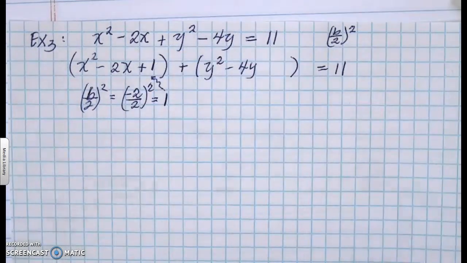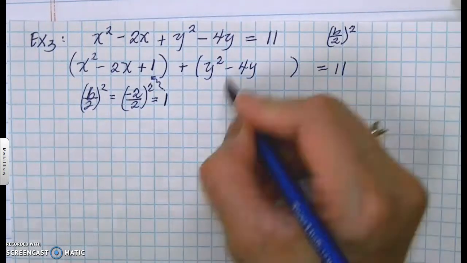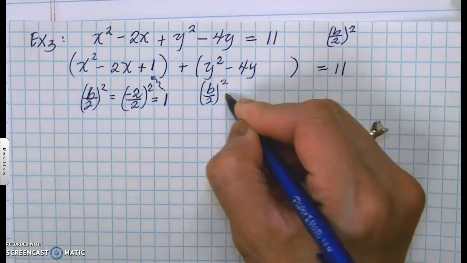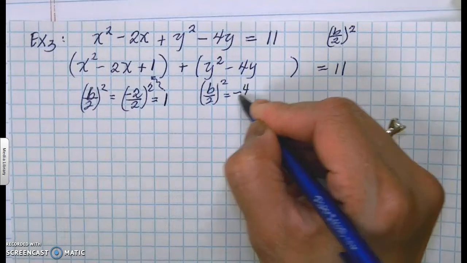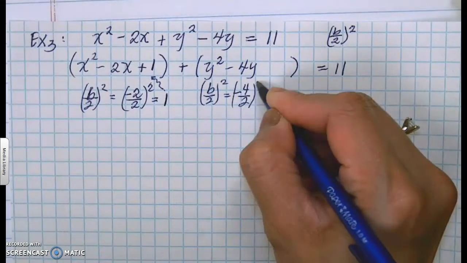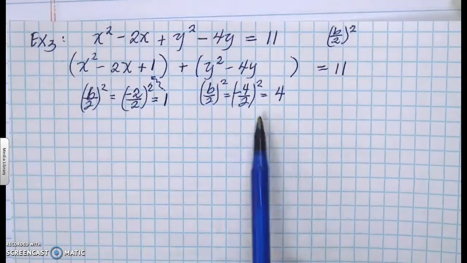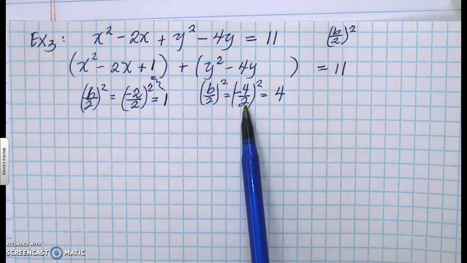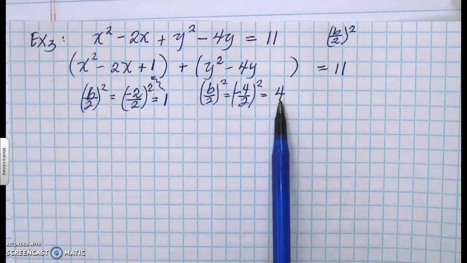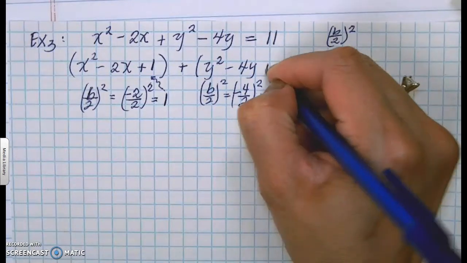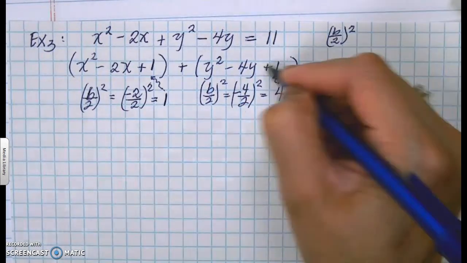And then on here, you're going to do the same thing. Your b over 2 squared would look like -4 over 2 squared, which is a positive 4. Why? -4 over 2 is -2, times -2 is positive 4. And that will end up being here. So plus 4.